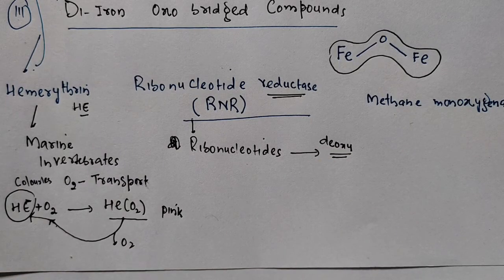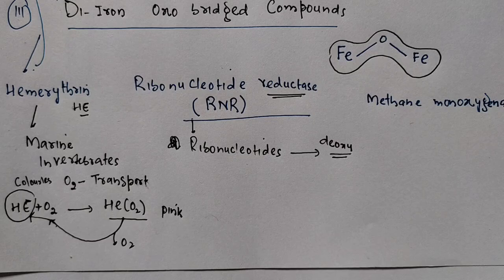The enzyme which does this transformation is ribonucleotide reductase. This is the function of this enzyme, and it also contains this diiron oxo bridge.